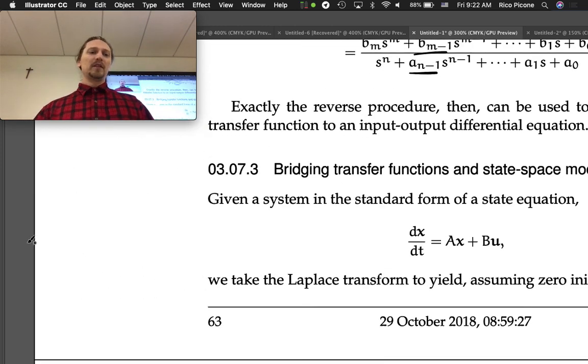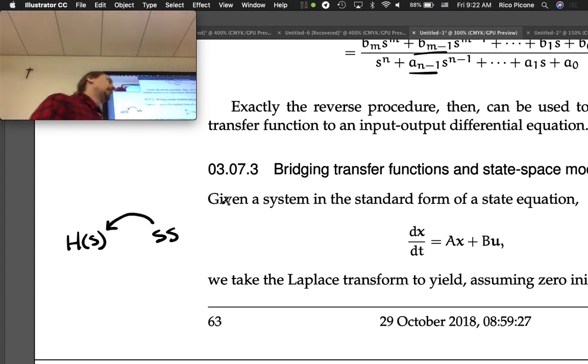So this part of the bridge is not ODE, this one is transfer functions and state space models. I'll just write SS for state space. And we're going to learn how to go from state space models to transfer functions. That's the only direction.